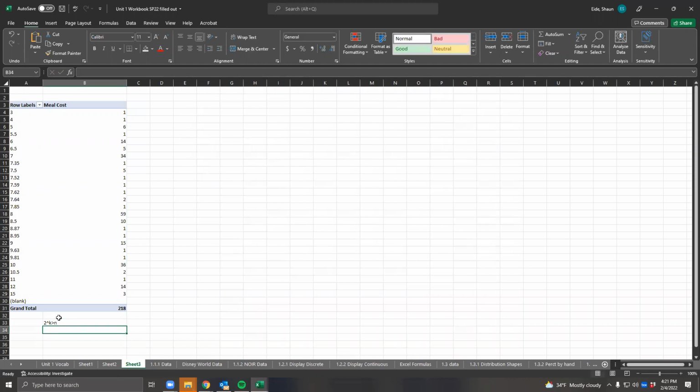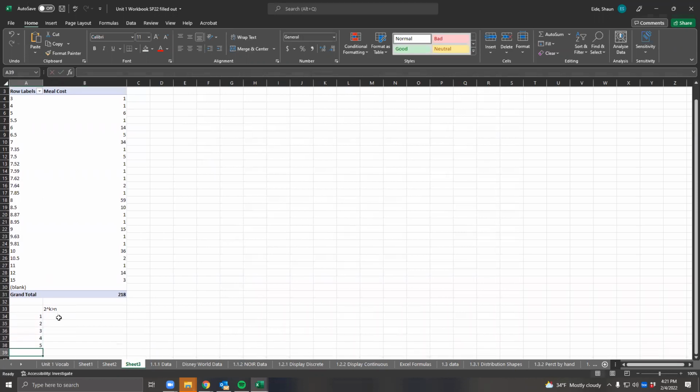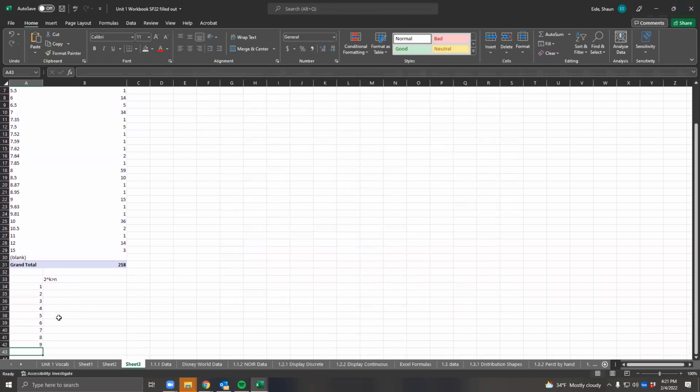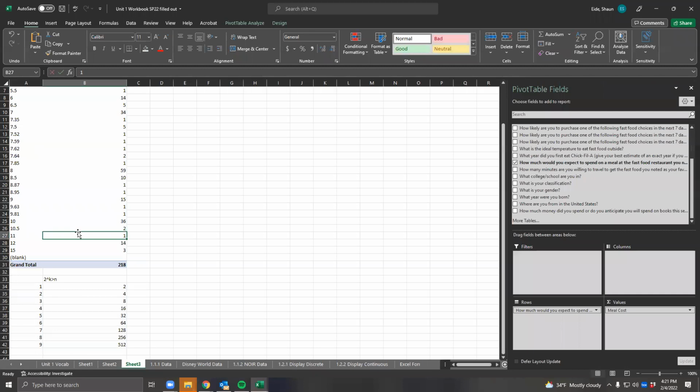Okay, so 2 raised to the what is greater than 218. And so we're going to do first, second, third, fourth, fifth, sixth, seventh, eighth, ninth. And so we're going to do equals 2 raised to the whatever. Okay, and we're going to find the first one that goes over 218. First one is 8. So this tells us that we should probably have about 8 classes.